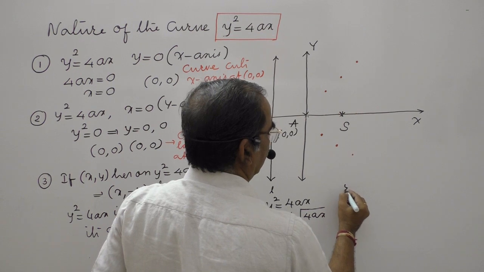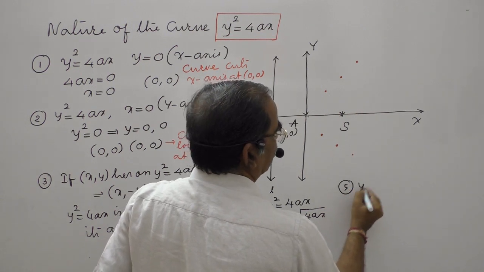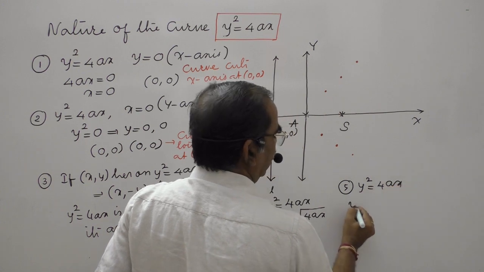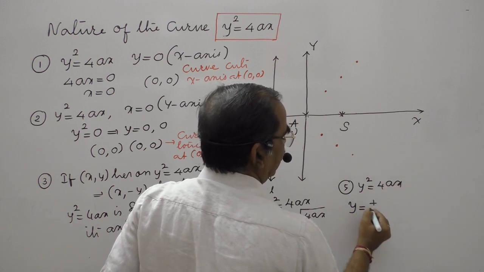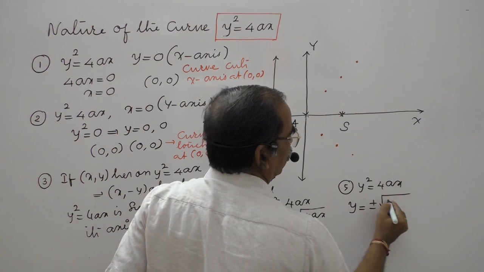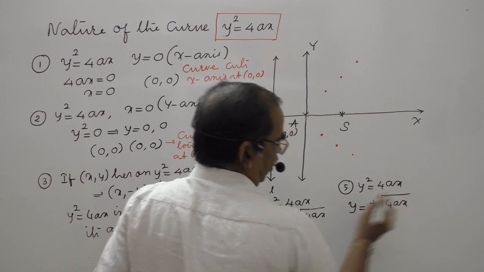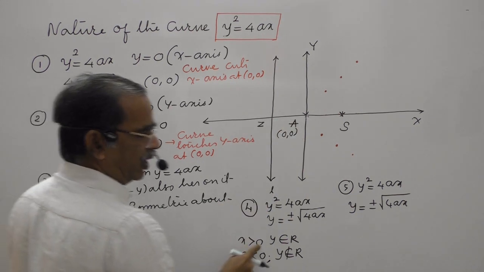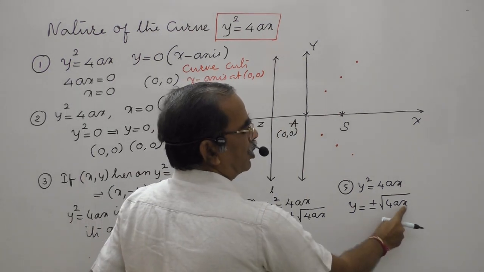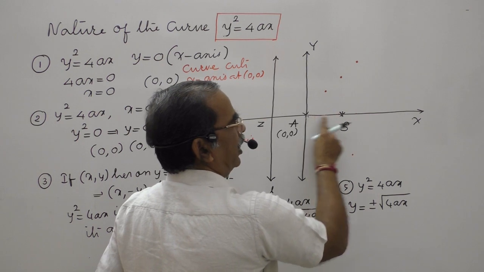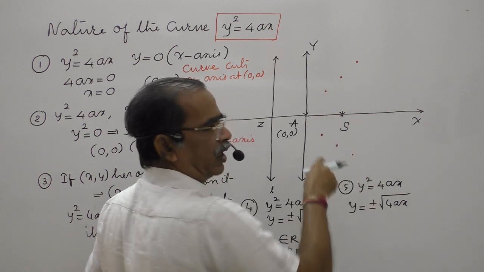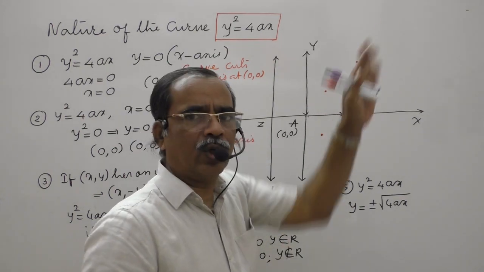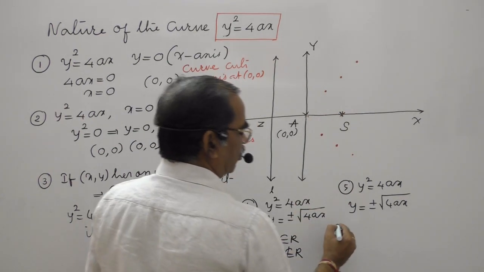We will see another. y square is equal to 4ax is the curve. From this, what is y? y is plus or minus root over 4ax. So the curve is true for x greater than 0. For positive values of x, you can take 0.1, 1, 2, 3, 4, etc. You can take any number of values.